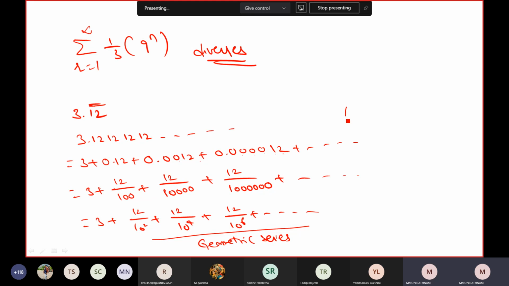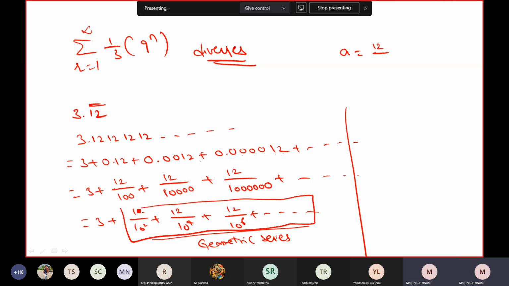So what is a here? This part is a geometric series, so don't worry about 3, I'll keep it aside. This is my a, 12 by 10 square.